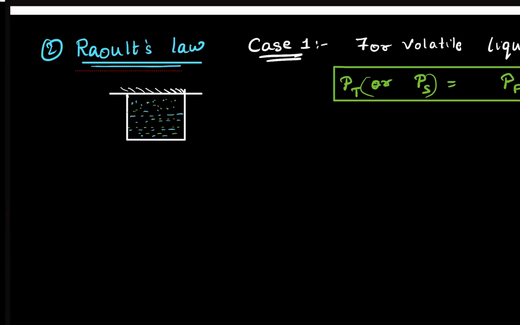Volatile means both form vapors on top of them. And if you cover this container, what is going to happen? The vapors of both are going to be present. Both liquids are going to form vapors. So vapor pressure because of these both liquids is going to be the total.